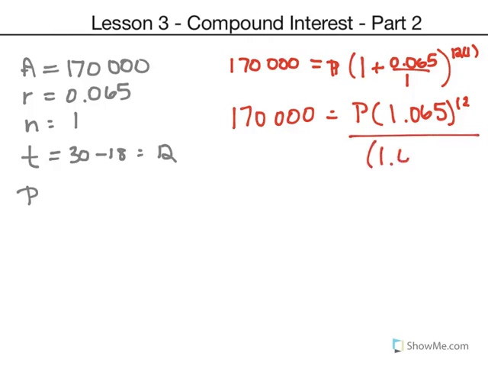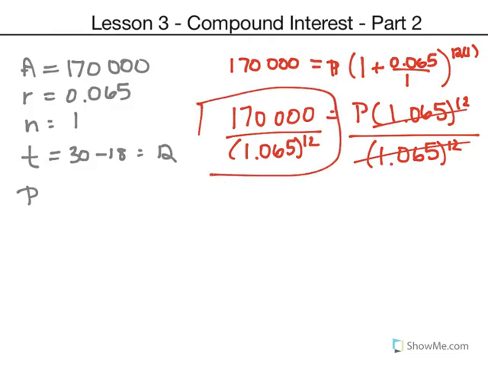Divide by 1.065 to the power of 12 on both sides. This will cancel. Type that into your calculator, and you should get $79,846.09. So that's how much she would have to invest now to get to $170,000.